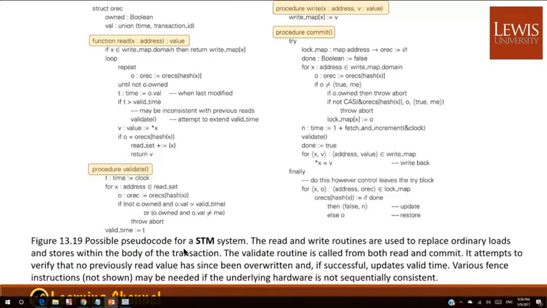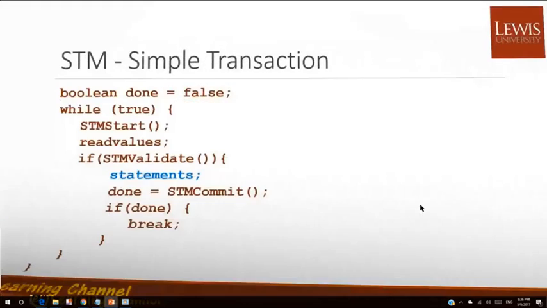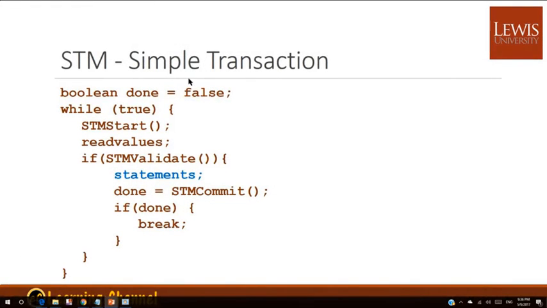Right here is the pseudocode for an STM system. Instead of reading this pseudocode in detail, let's look at one example. Here is a simple STM transaction. We start the STM transaction and read a value.